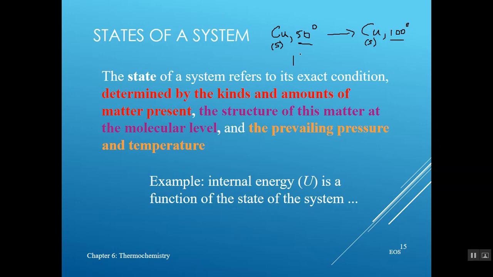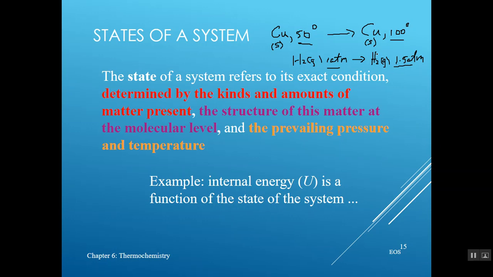Here's another example. If I have hydrogen gas at 1 atmosphere and I change the pressure so that you end up with hydrogen gas at, let's say, 1.5 atmospheres, that is also a change in state, simply because the pressure has changed from 1 to 1.5 atmospheres.